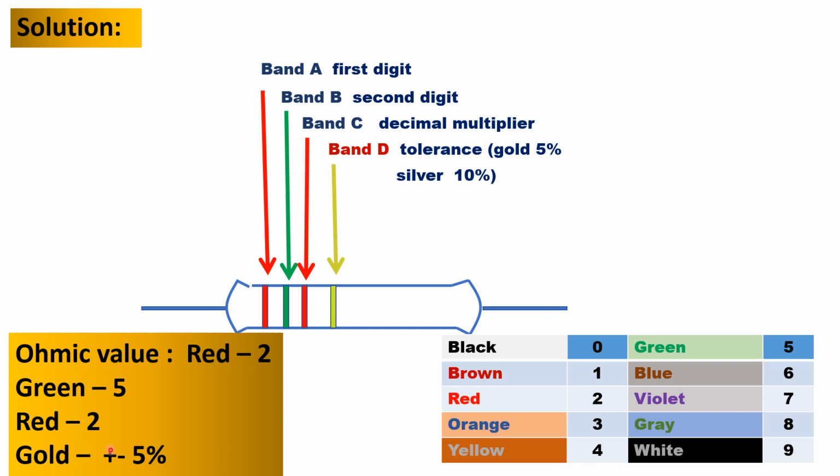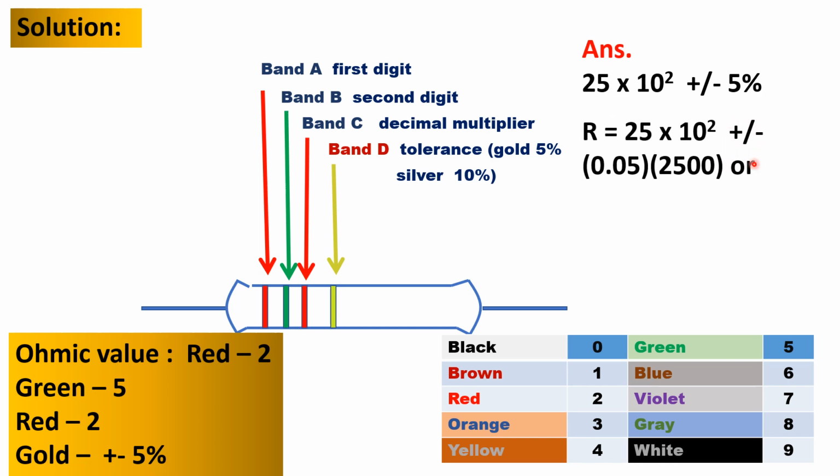That means our level of tolerance is plus minus 5%. And so we now have the ohmic value of this resistor. First two significant digits are 2 and 5. And the multiplier is times 10 to the second power, or 100. And then the degree of tolerance, plus minus 5%.